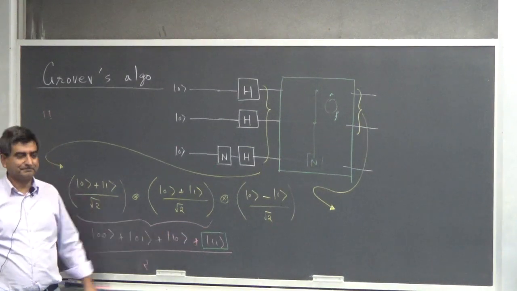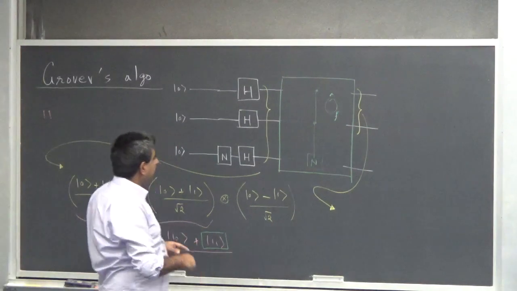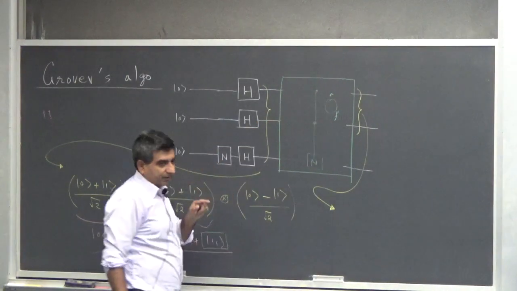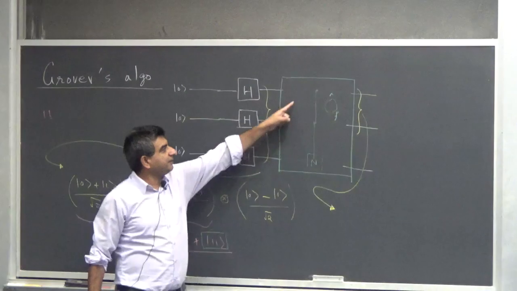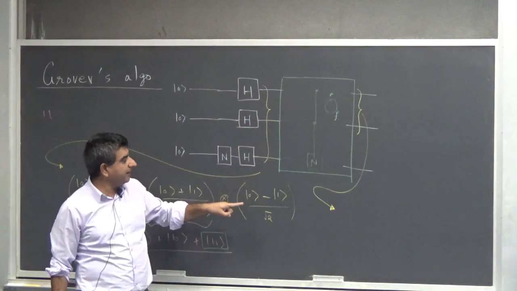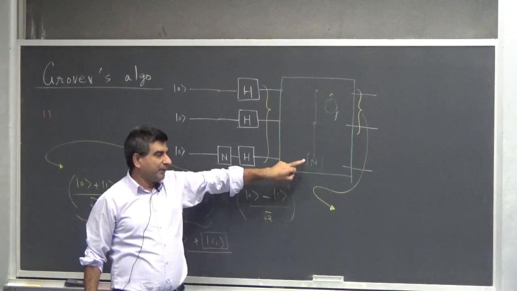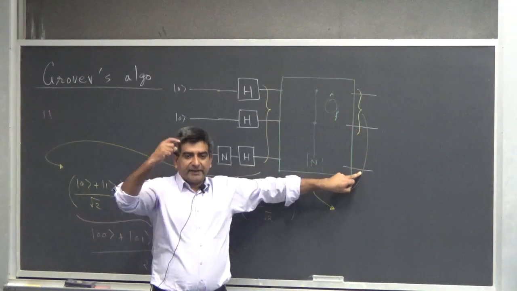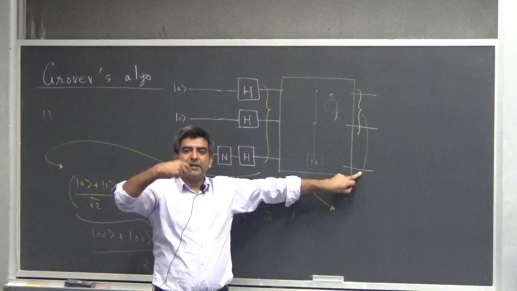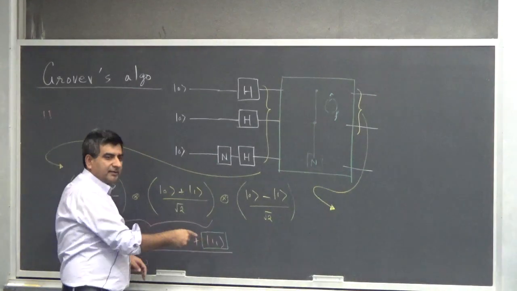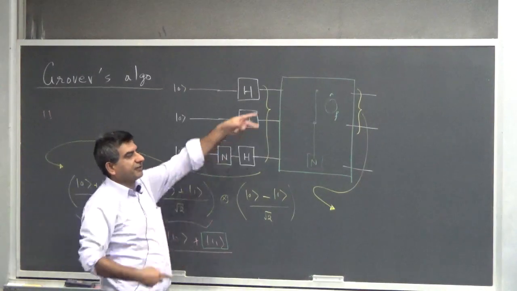Correct? Because of the particular design of this oracle. The oracle says that if the first 2 qubits are in the state 1, 1, then this qubit is inverted. When this qubit is inverted, a phase of -1 is picked up by this state. It gets kicked into the first 2 qubits.